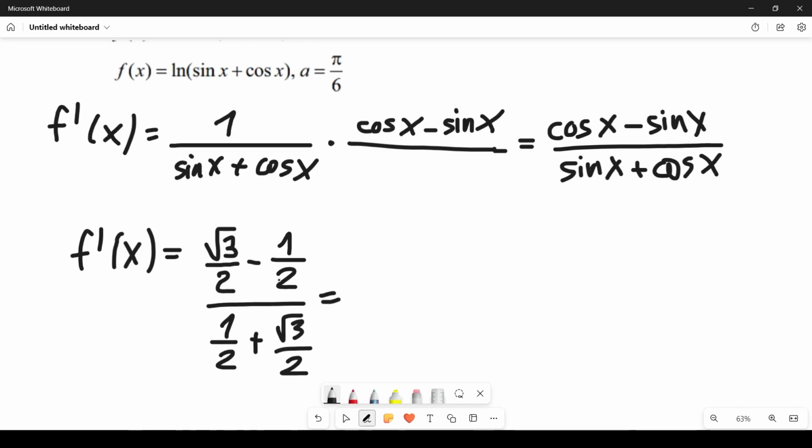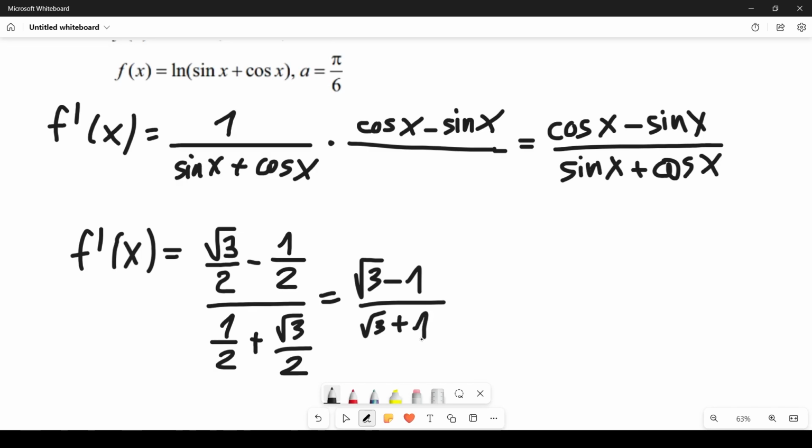In both the numerator and the denominator we are dividing by 2, so we can delete that, and we simply say that it is square root of 3 minus 1 over square root of 3 plus 1.